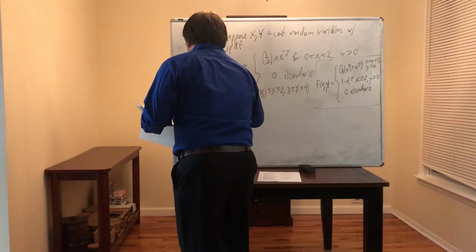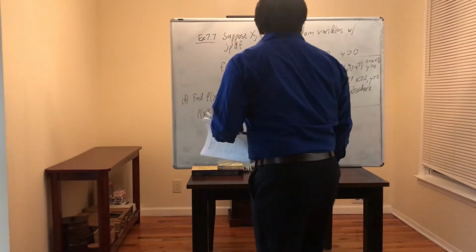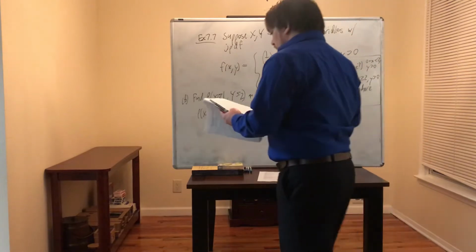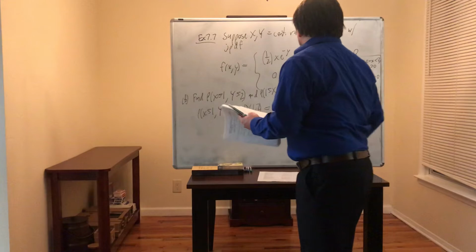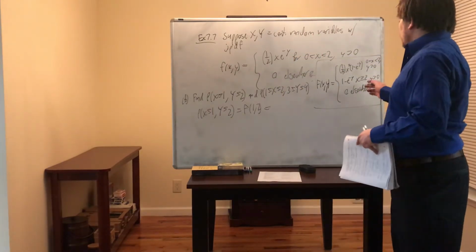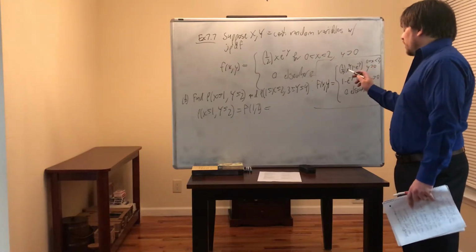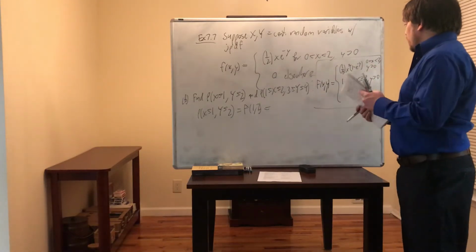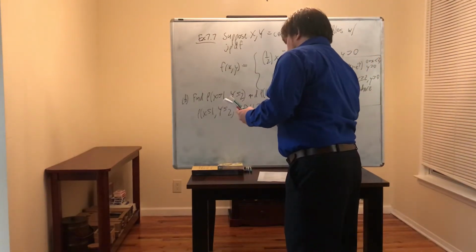So for the probability that x is less than or equal to 1, y is less than or equal to 2, it's capital F of 1 comma 2. If you plug in x equals 1 and y equals 2, you would get 1/4 times 1 minus e to negative 2.